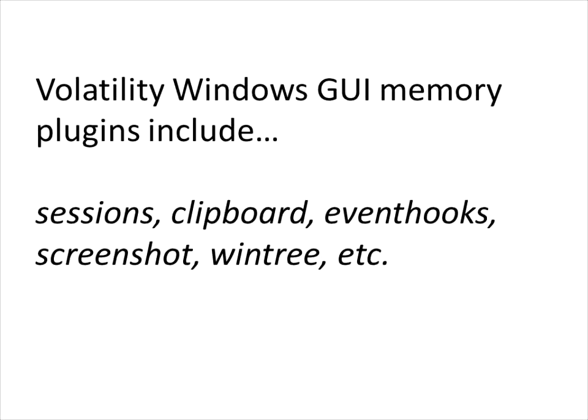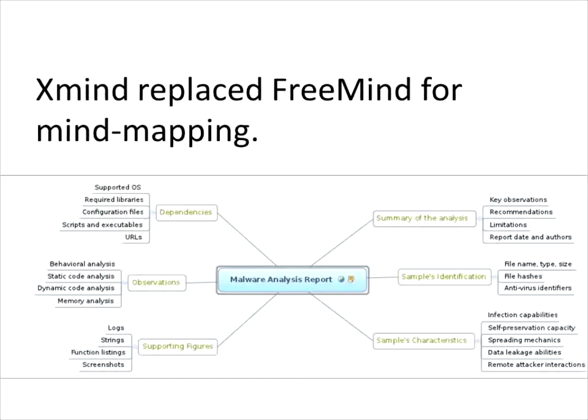Also, this version of Volatility introduces very stable support for Linux memory image analysis, which is quite nice as well. I'm not going to spend any more time on Volatility because that would justify its own webcast, and even that's probably not going to be sufficient. But if you're new to Volatility 2.2, take a look at their website to see what has changed.